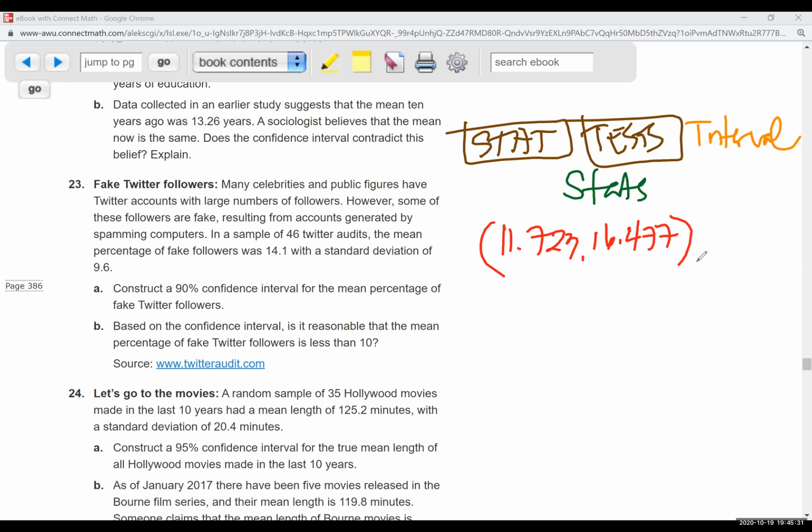All right, so based on letter B, the confidence interval, is it reasonable that the mean percentage of fake Twitter followers is less than 10? What's the answer?